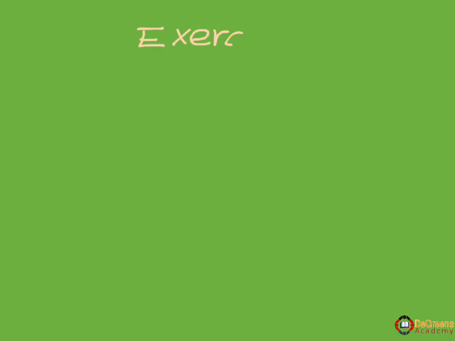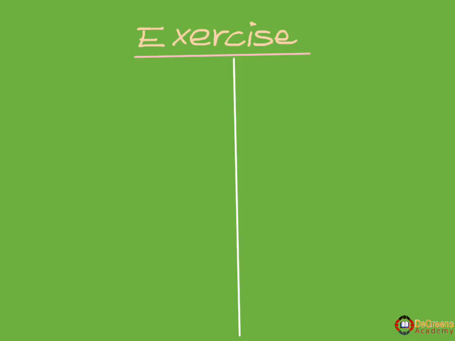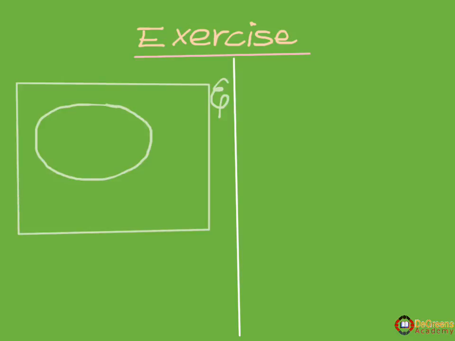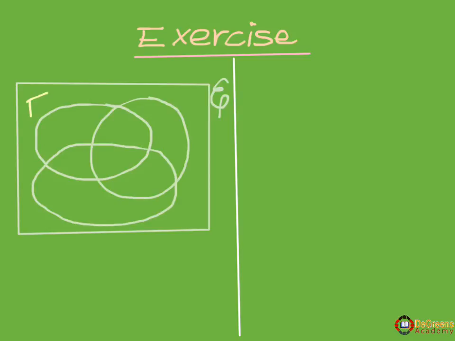So exercise, you have this Venn diagram with the circles within the rectangle labeled F, V, and M. And for the circle F, we have 15 minus X in the region for F only.